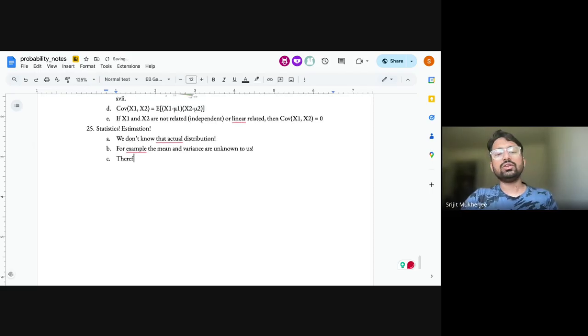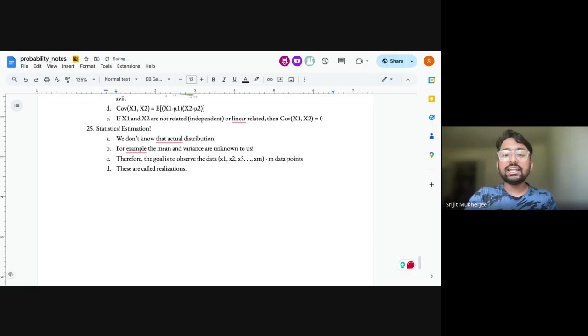Therefore, the goal is to observe the data. What we observe are called realizations. Let's say we observe M data points. These are called realizations.